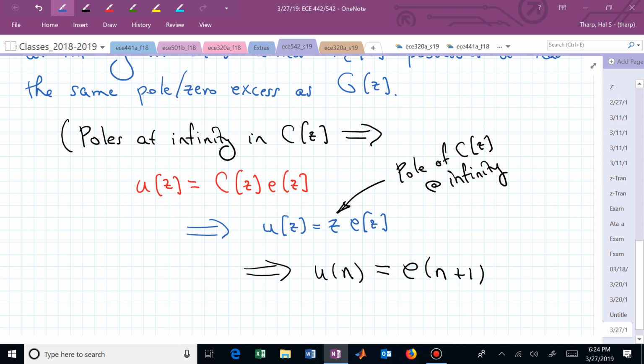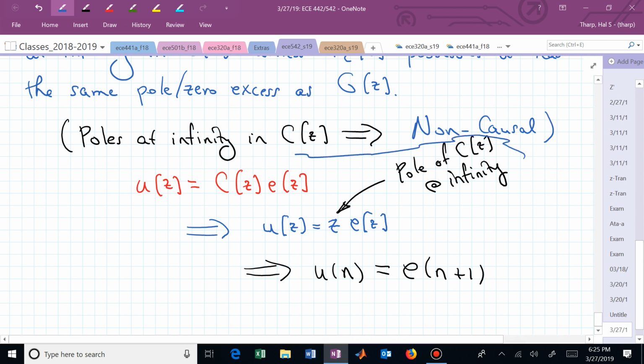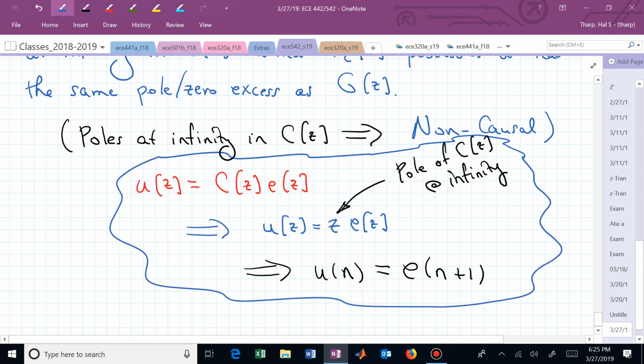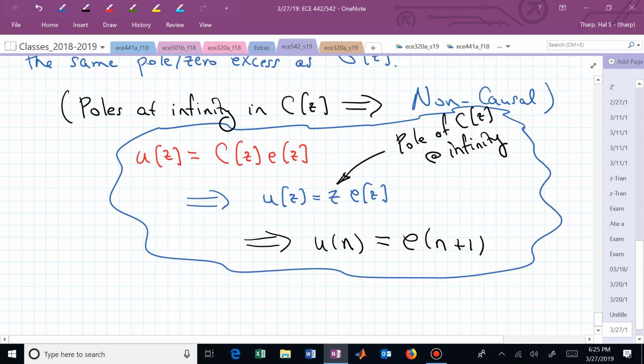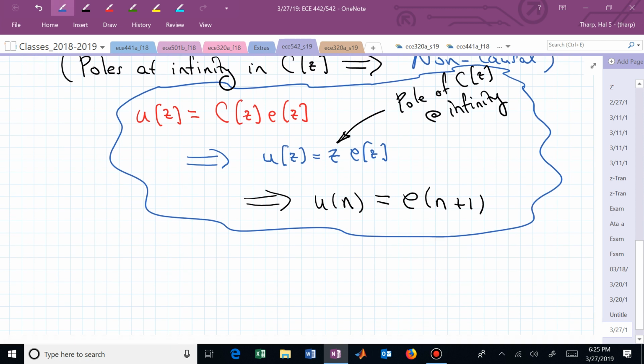So poles at infinity in C of z cause a non-causal property in our controller. That's what this little example was supposed to illustrate. Again, we're talking about restriction 1, which is making sure the pole zero excess in T sub C of z is at least as big as the original plant's pole zero excess.